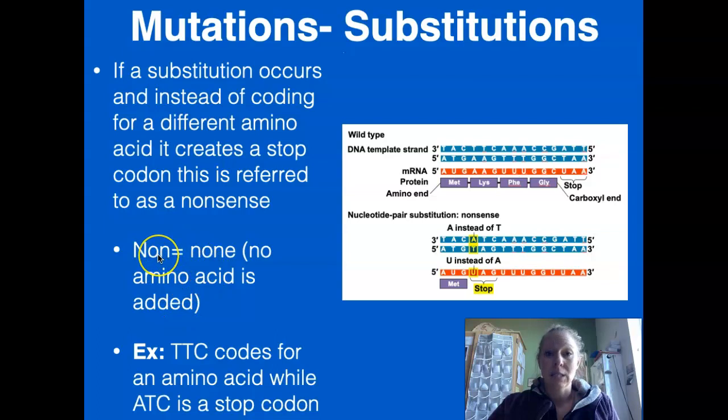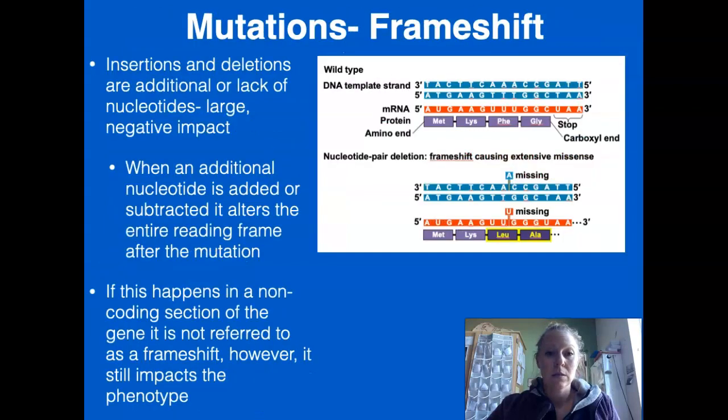So nonsense, or none amino acid. That's going to cause a stop codon, which means that the amino acid sequence will be released and the protein will be cut short. All right.